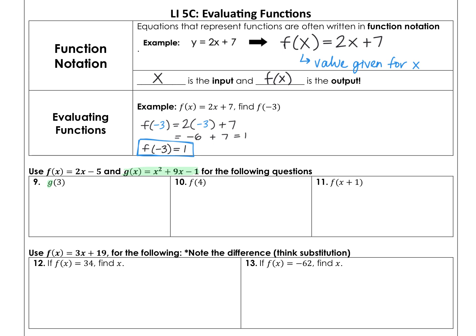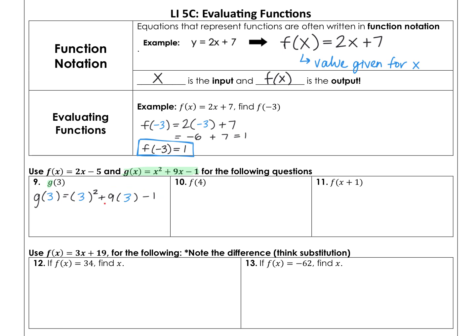G of 3. So wherever you see an x, you're putting a 3. This is the quadratic here. Uh-oh, I did x. Parentheses. And so instead of x, I'm putting 3. Remember, you're just evaluating this part over here.